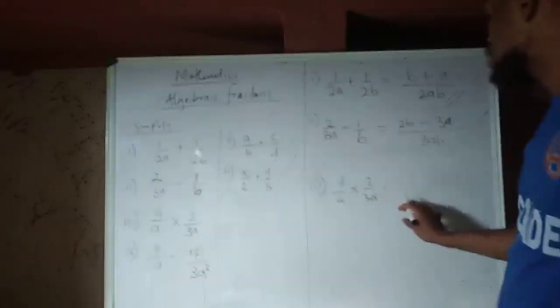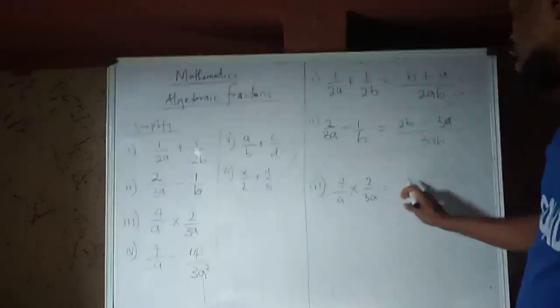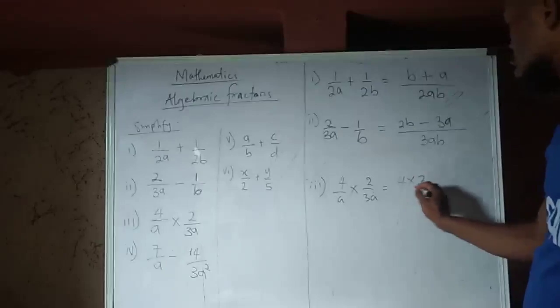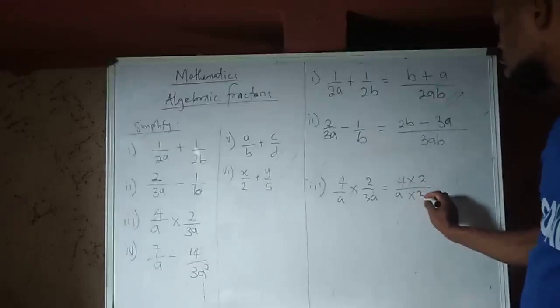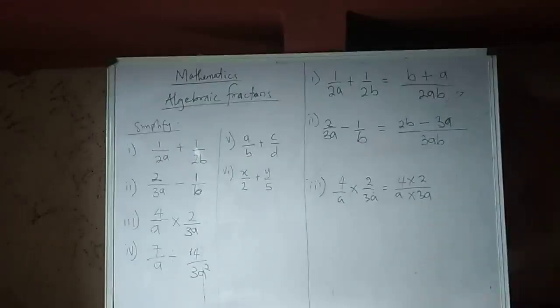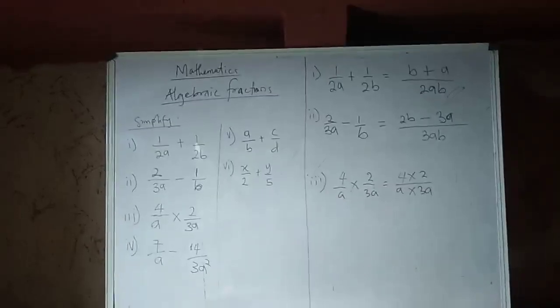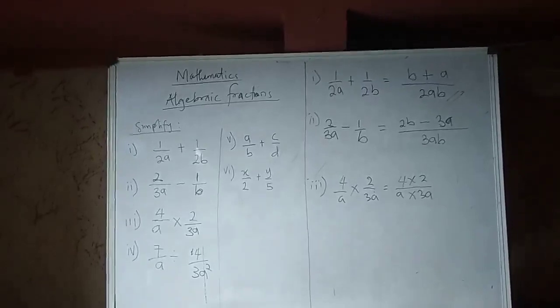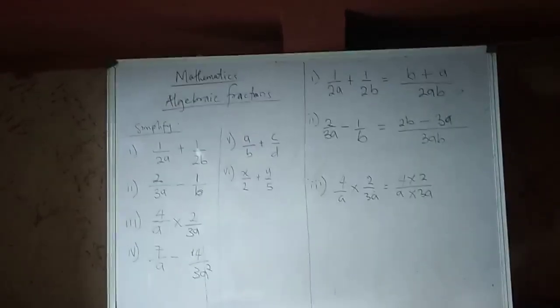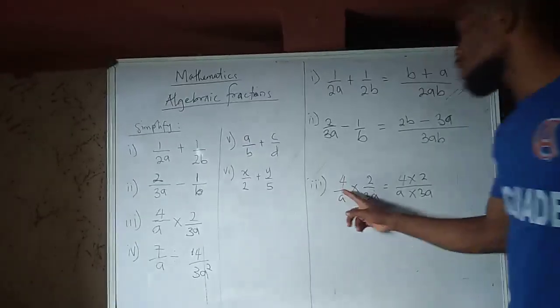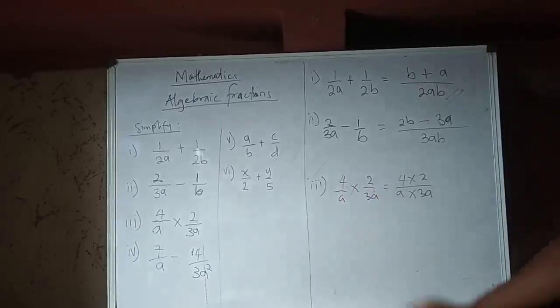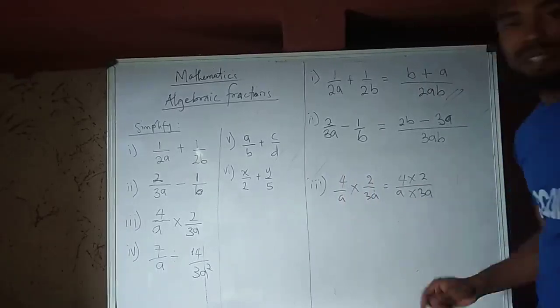So all we are going to do is write this as 4 times 2 all over a times 3a.